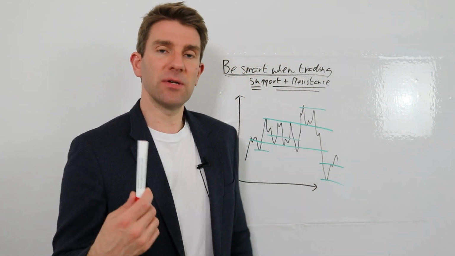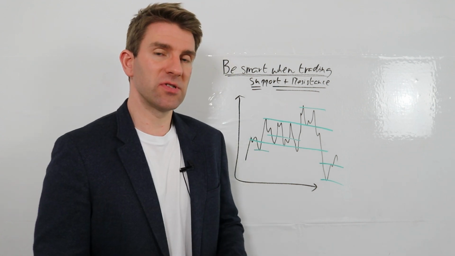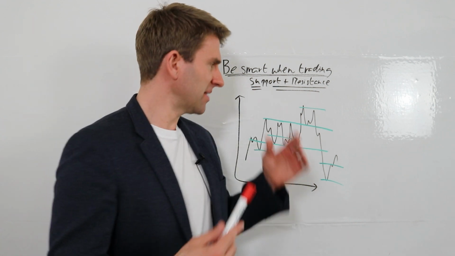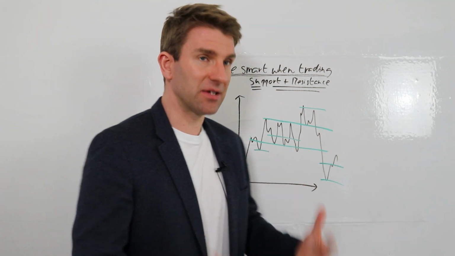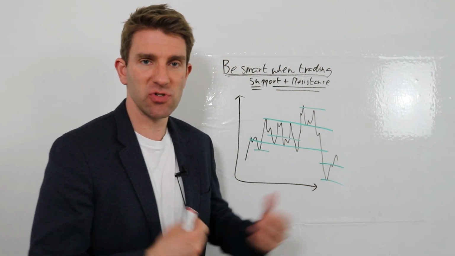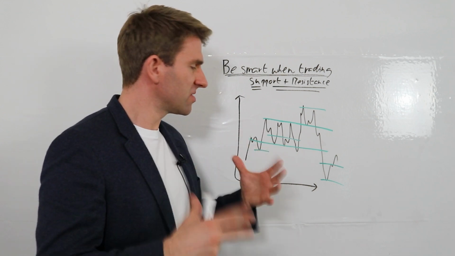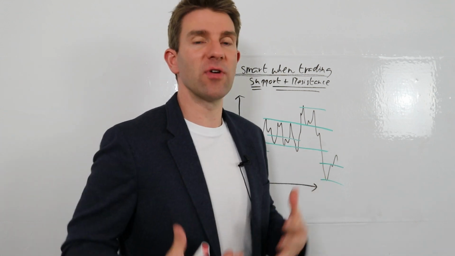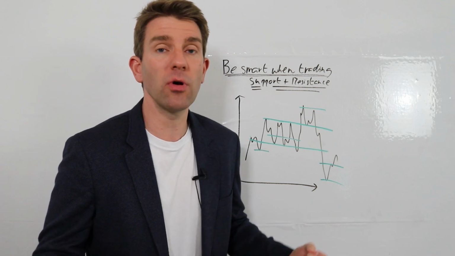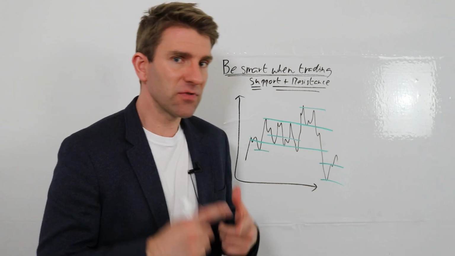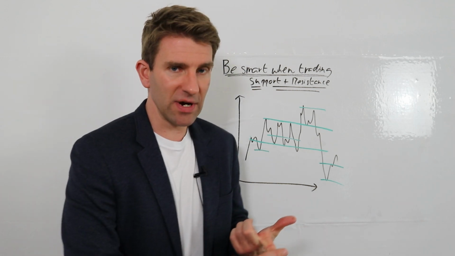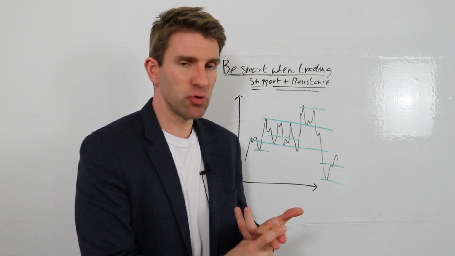And the thing is, not all support and resistance is created equal. I'm talking about static support and resistance here, not dynamic as in moving averages or a VWAP or something like that. When you look at a support and resistance level, the whole reason we're drawing it is that we expect it to hold or not. Is it going to break out through it or is it going to hold?